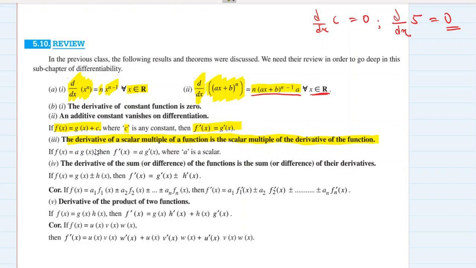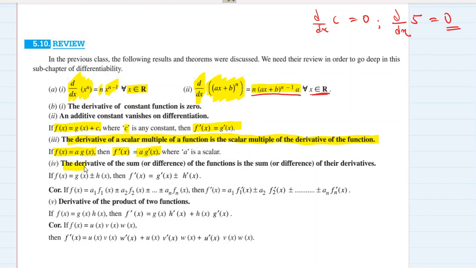So if you have f of x is equal to a multiplied by g of x, and if you find the derivative of f of x, then a will still be outside and g of x will get converted into g dash of x. That is, we will find the derivative of g of x and multiply it with a.